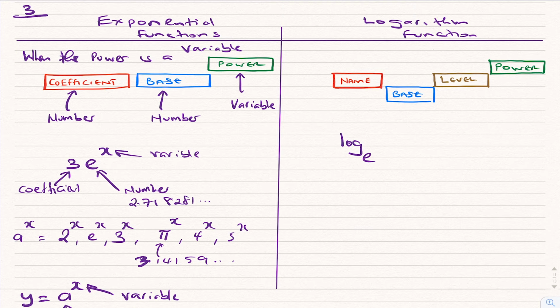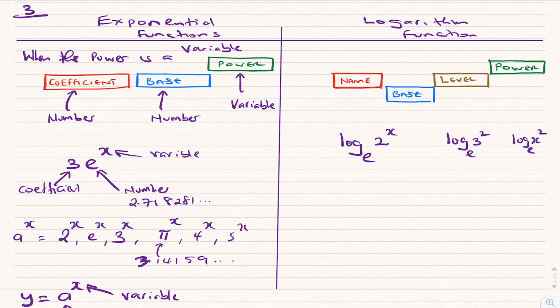So I could put 2 there, and a power, which can also be a number or a variable. That's an example. Or you could have log e 3, 2, or log e x squared to power 2.